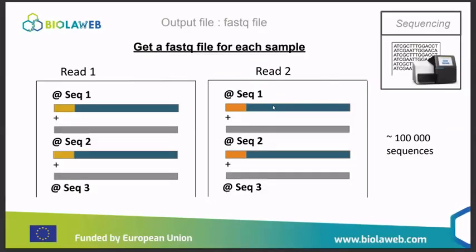Because actually you will have two files, because we sequence in one way and the other way. So for one sample, you will have a file and another file with the reads that were sequenced in the other way. And each time with hundreds, thousands of sequences in it.